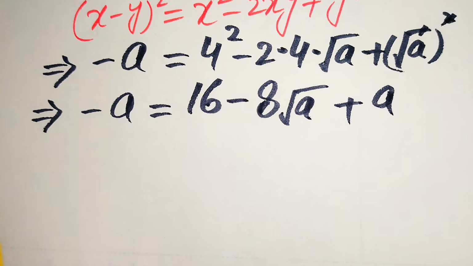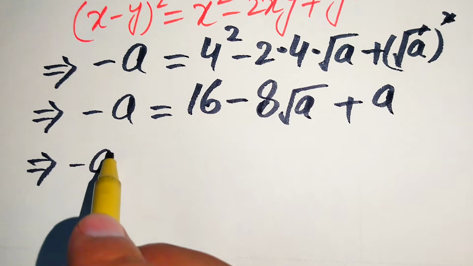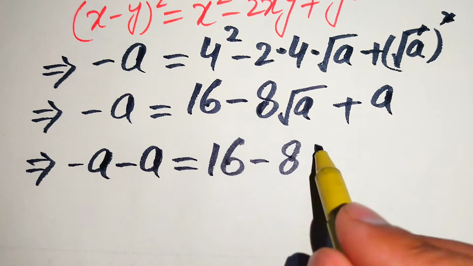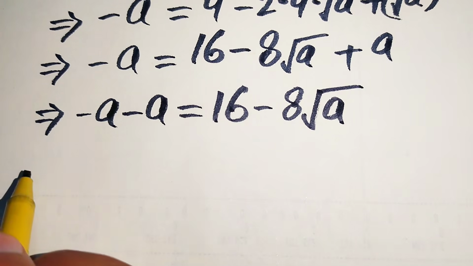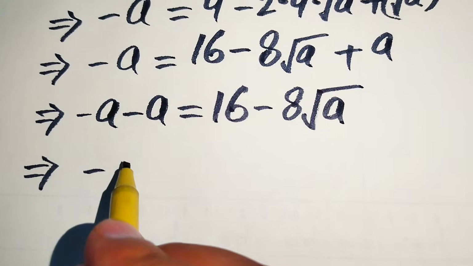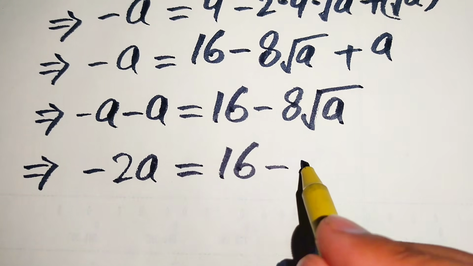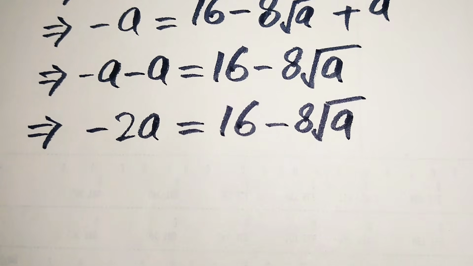And now in the next step we move the term plus a from the right hand side to the left hand side, and we get minus 2a is equal to 16 minus 8 times square root of a. So further in the next step here we need to remove this 2 from the left hand side.